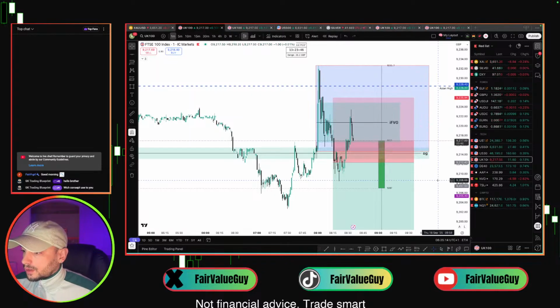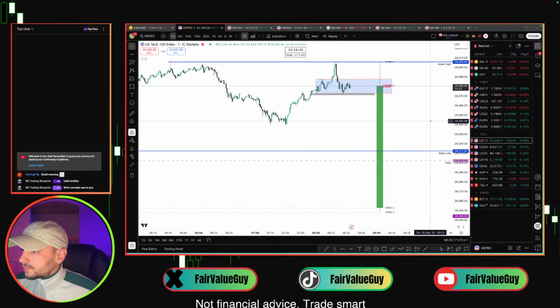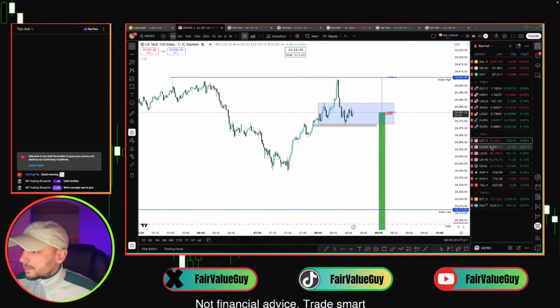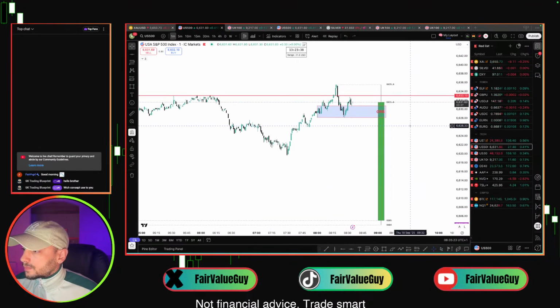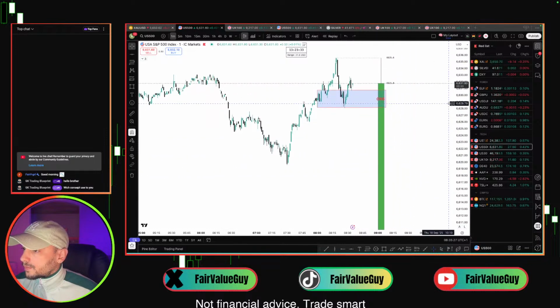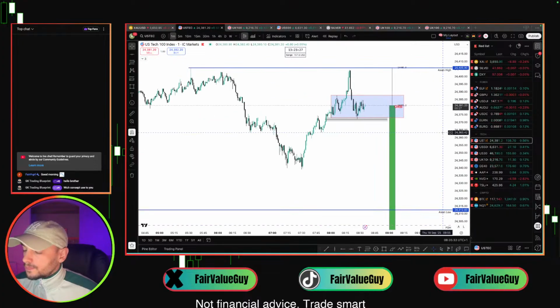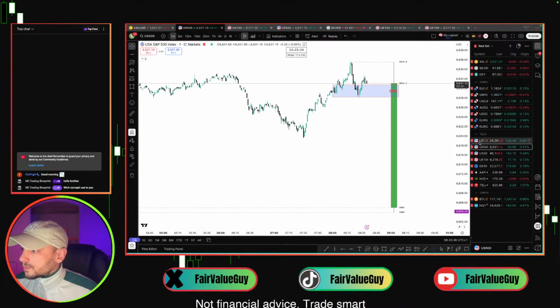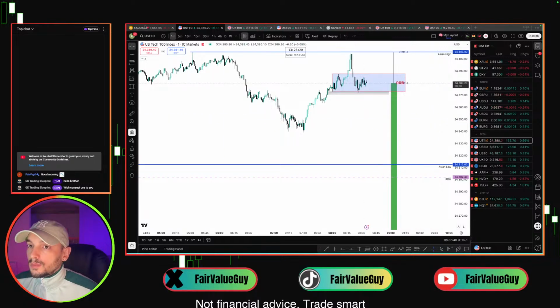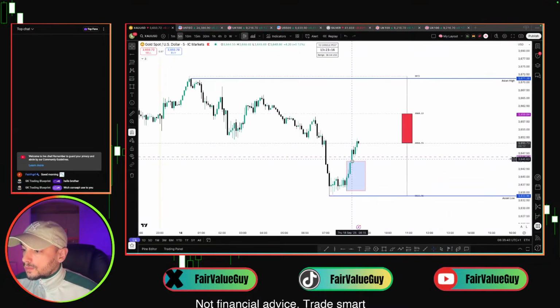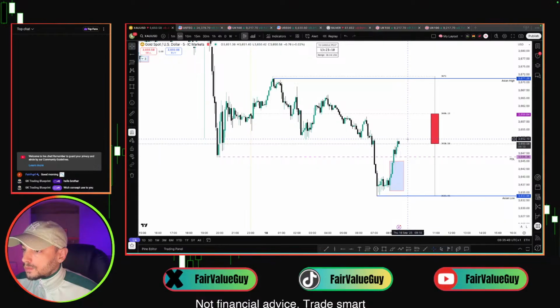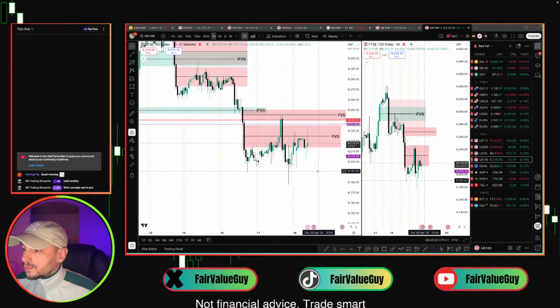This retracement is more than enough, I think. Yeah, we don't want to see this candle flipping like this. FTSE, come on.